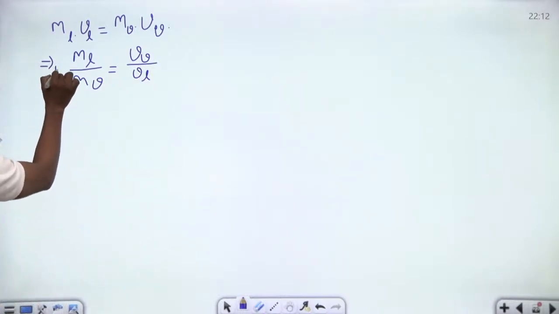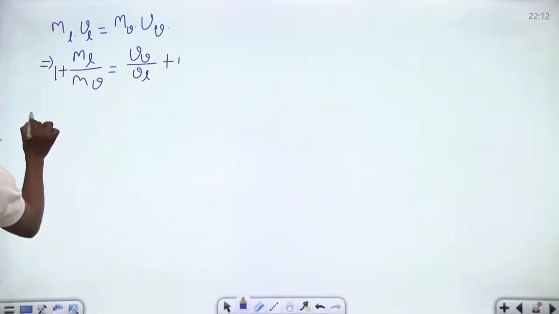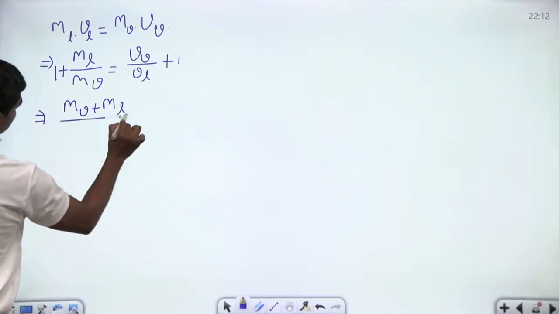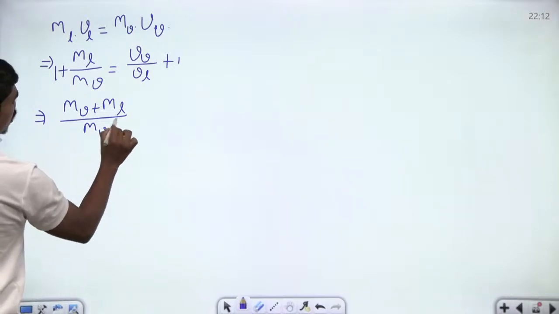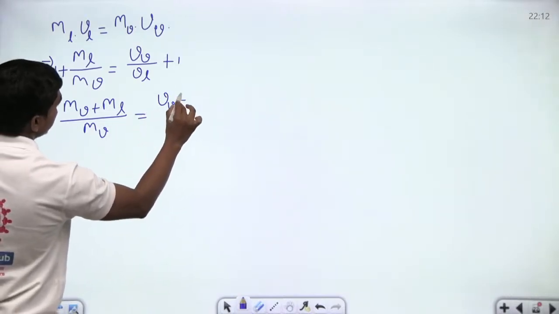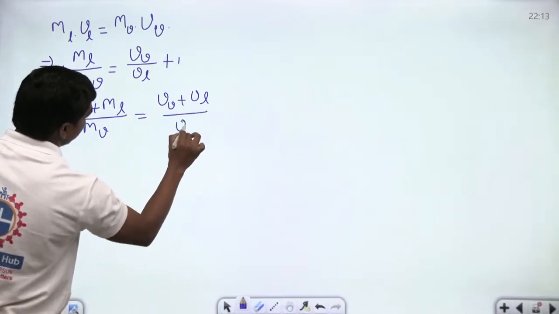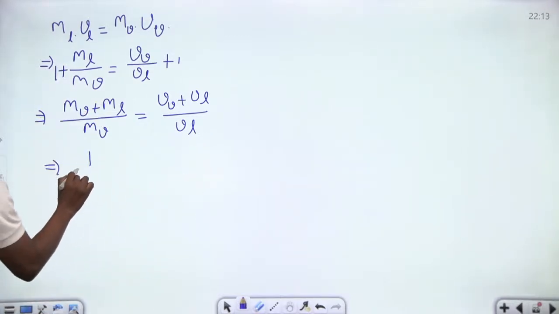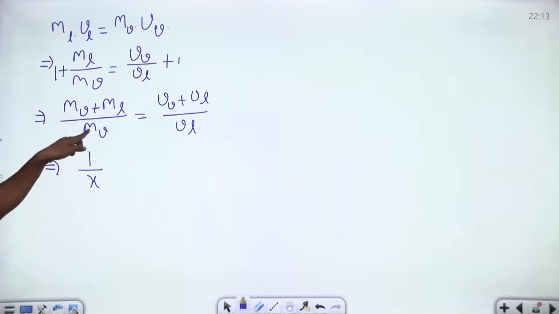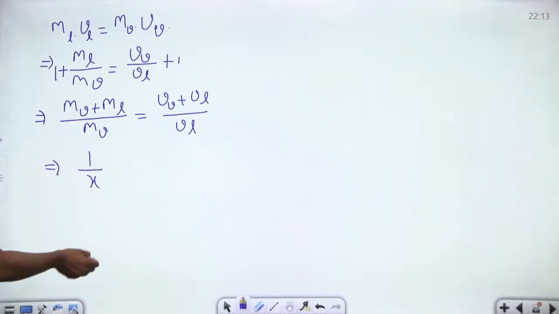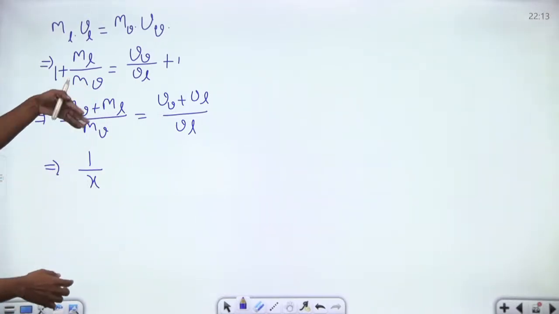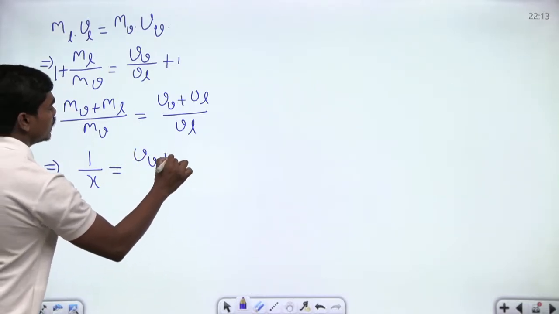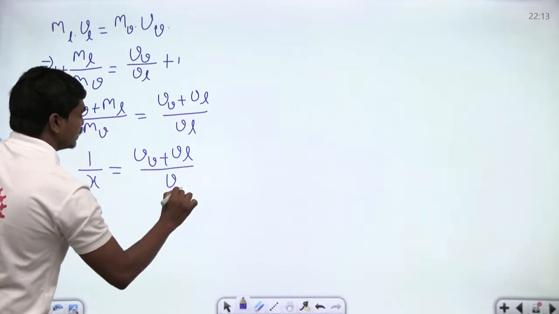Now if you add 1 on both sides of this equation, then this implies mv plus ml, which is mass of vapor phase plus mass of liquid phase divided by mass of vapor, is equal to Vv plus Vl divided by Vl, and this is nothing but 1 by dryness fraction. Because you know dryness fraction is nothing but mass of vapor in the mixture divided by the total mass, but this is the reciprocal of that. So this is 1 by x, and this implies VV plus VL divided by VL. This is what we have.